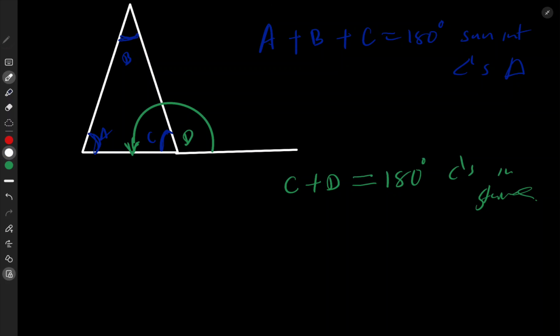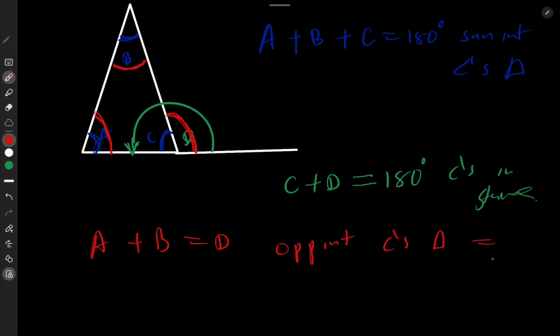But we also know something, that this angle here, A, and angle B, if you sum them up, they should give you another angle. This has its name in mathematics. They say A plus B should give us D, and they say the sum of opposite interior angles of a triangle equals the exterior angle.